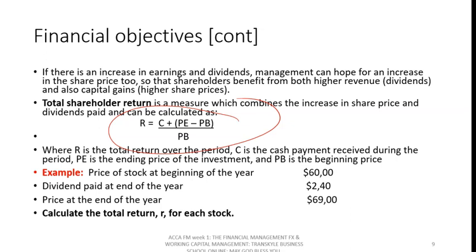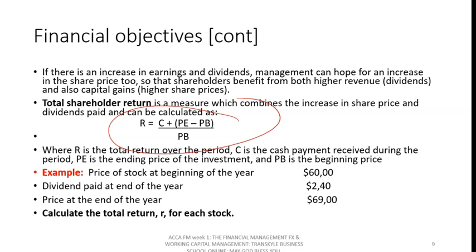Then PE is the ending price of the investment, that is the price today, the market value of the investment today. And then PB is the market price of the share at the start, when they started having their shares in this particular company.